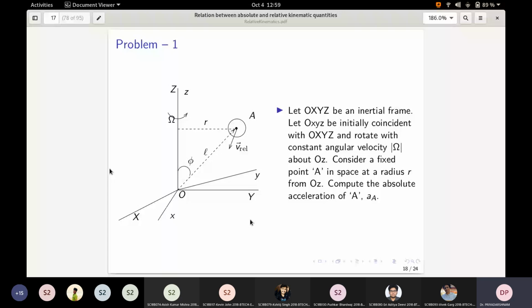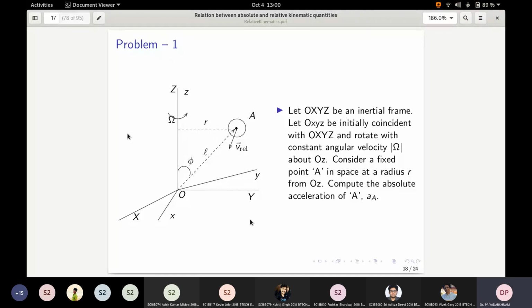Is this correct? Can you repeat? So basically the small xyz frame is rotating with the direction that is shown.